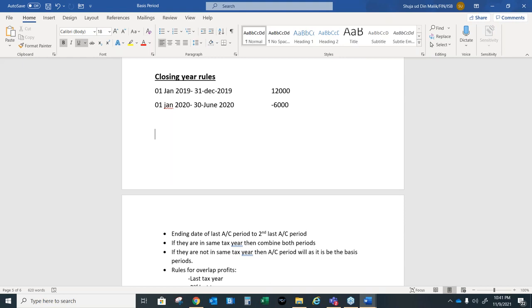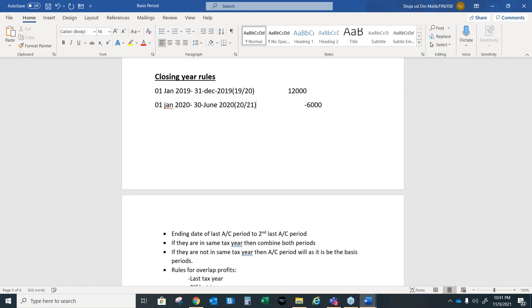Are you able to hear me? Okay, if you could see, in this particular case, the second last accounting date is in the tax year 2019/20, while the last one falls in 2020/21.